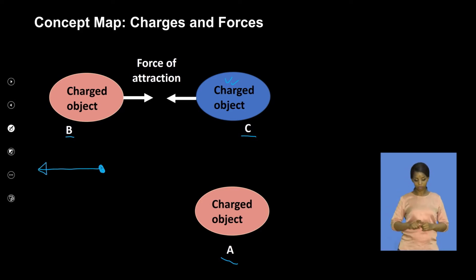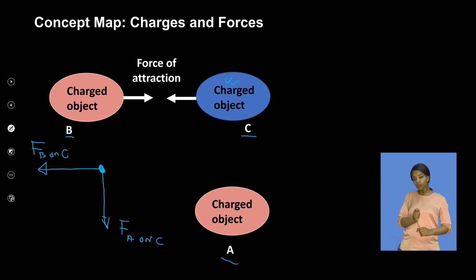So this is the force by B on C. And then if we look at the force by A on C, the direction of that force is towards A, because these two are oppositely charged. So this is the force by A on C. This vector diagram is a representation of the forces that act on object C.